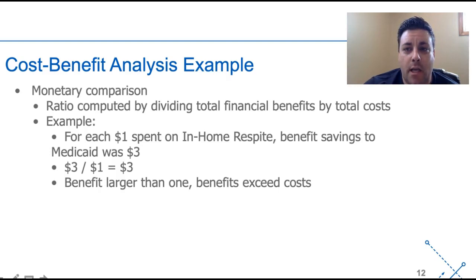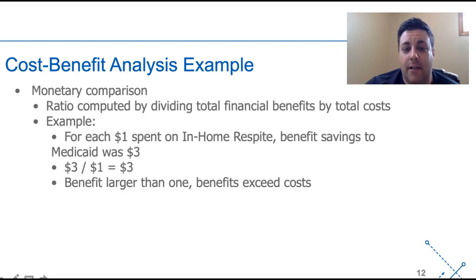If that numerator ends up being smaller than the denominator, so what if in this example we put 50 cents over the $1 in cost? So there's 50 cents of benefit for every dollar in cost.